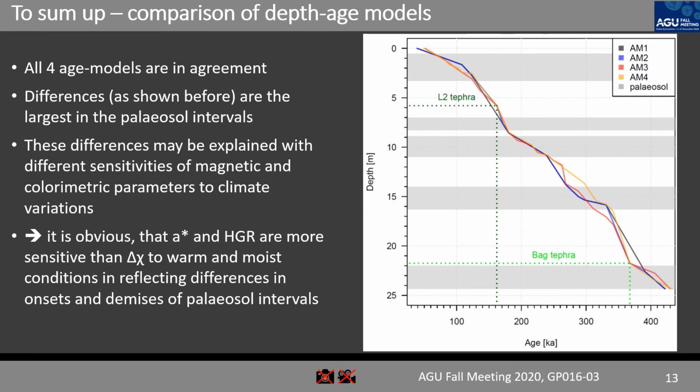And we assume that these differences may be explained with different sensitivities of magnetic and colorimetric parameters for the climate variations. And we conclude by that A star, so the redness and the hematite-goethite ratio, are more sensitive than the frequency dependence to warm and moist conditions. Why? They are reflecting differences in onset and demise of paleosol intervals.